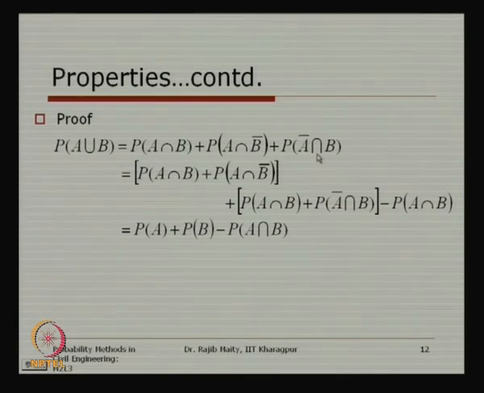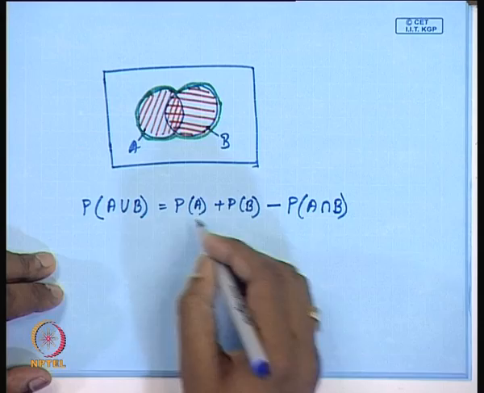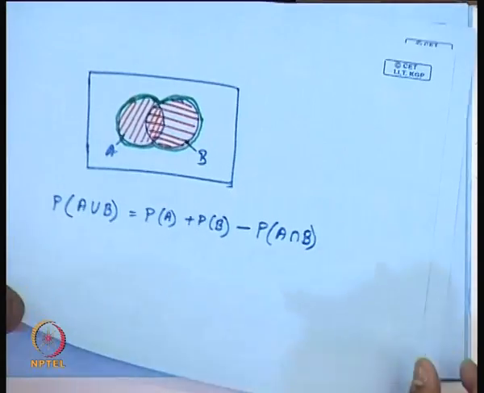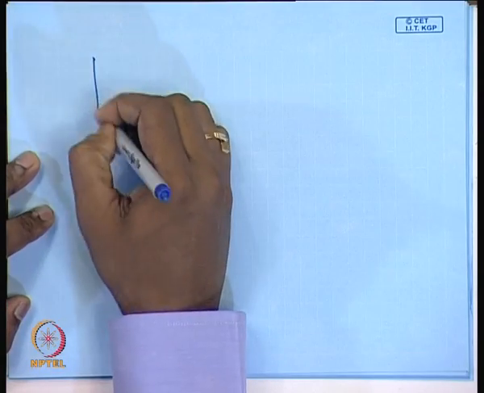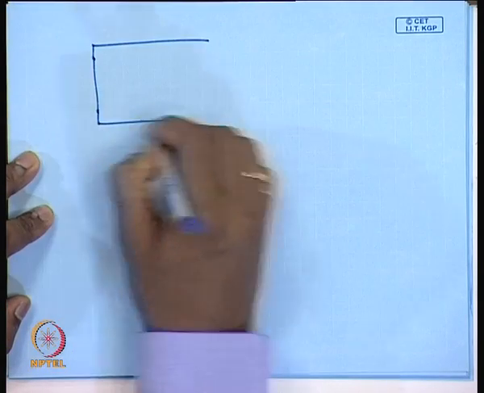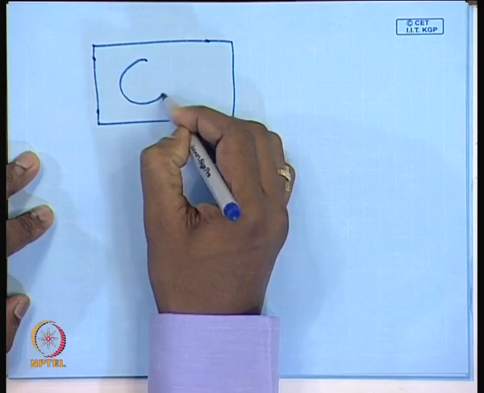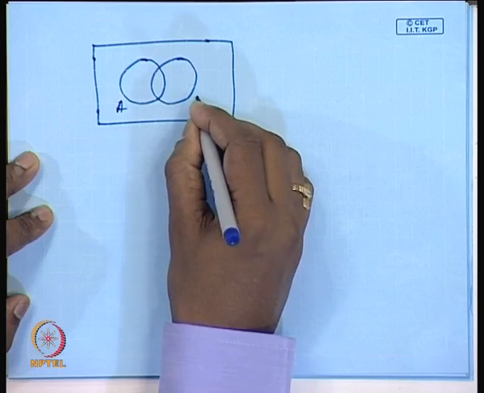Now again, if you refer to this diagram, I will just take a separate sheet again. So now this is A and this is your B.